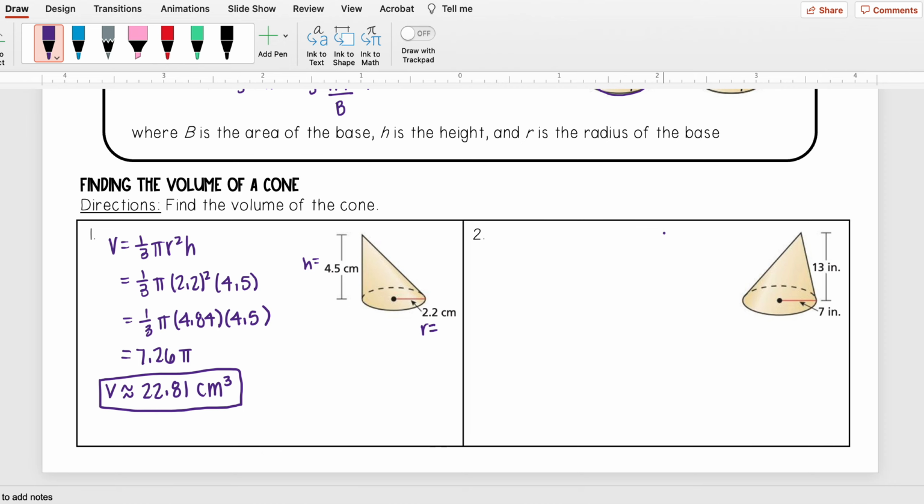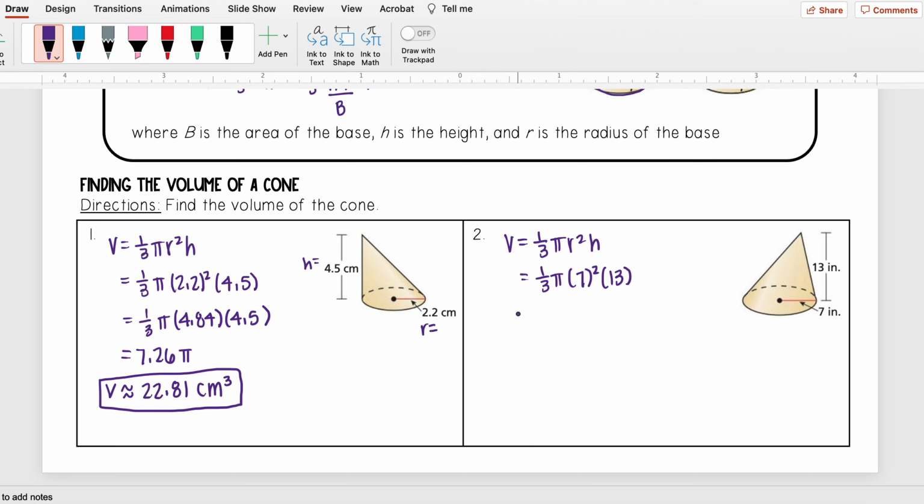Okay, then let's try another one. So here I want to find the volume, and so I know that the volume is equal to 1/3 pi r squared h. I see that my radius is 7 and my height is 13, so plugging that in, I have 1/3 pi 7 squared times 13. Well, 7 squared I get 49. 49 times 13 I get 637.